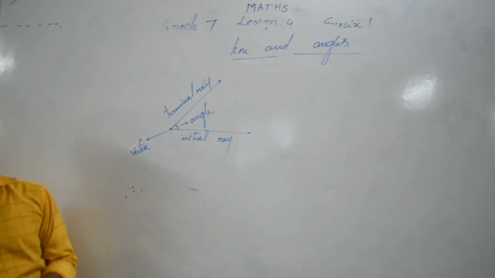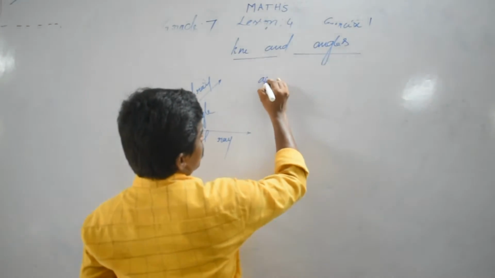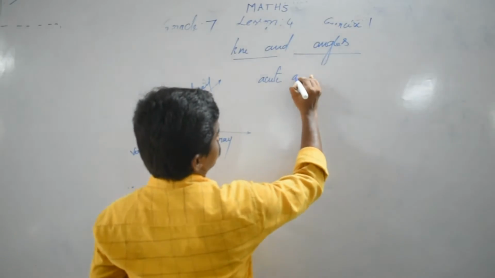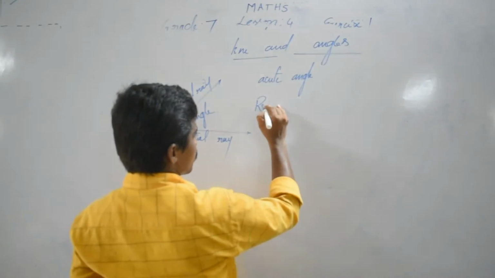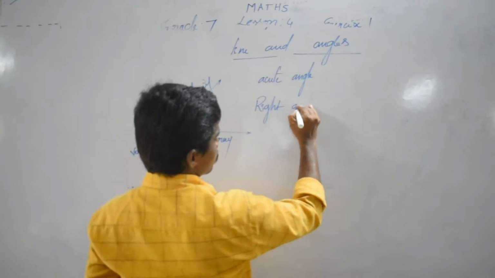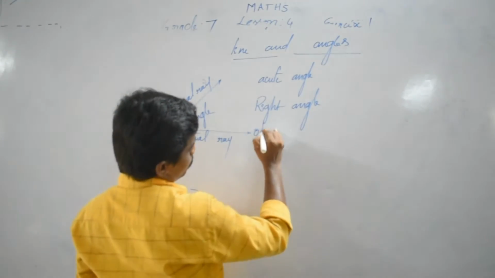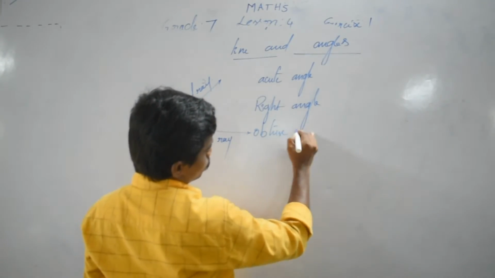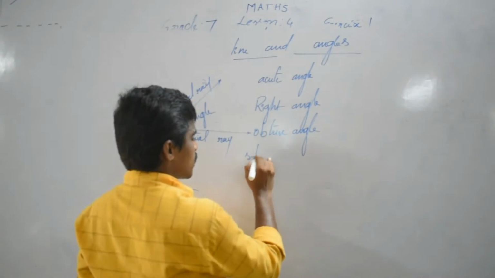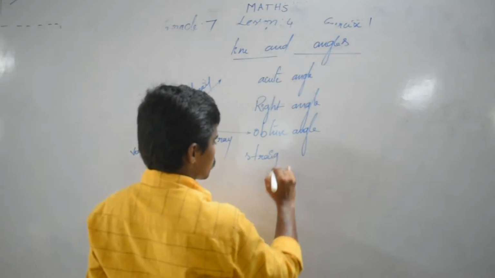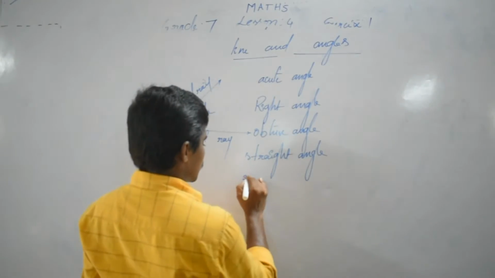Now angles are of different types. One is the acute angle. Next one, right angle. Next one, obtuse angle. Next one, straight angle. Next one, reflex angle.